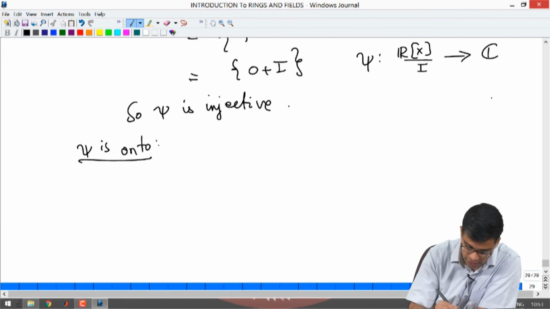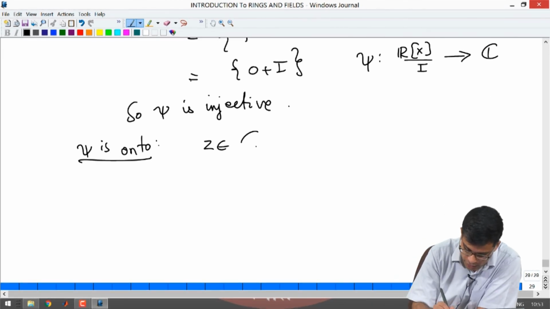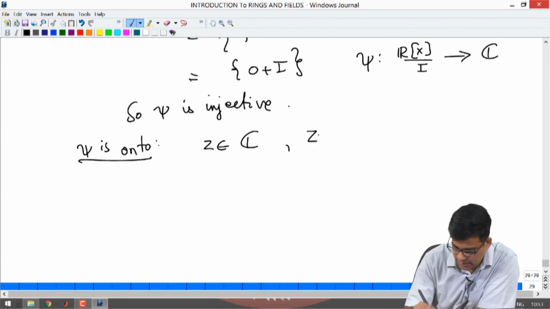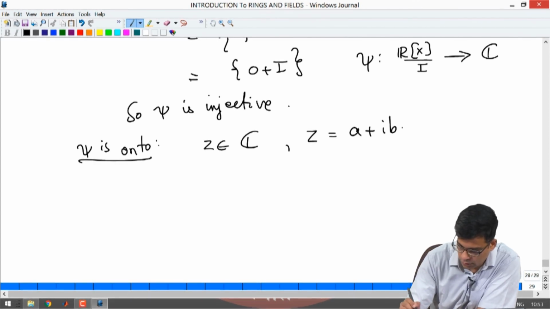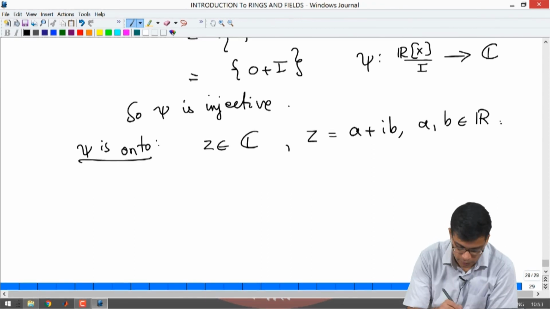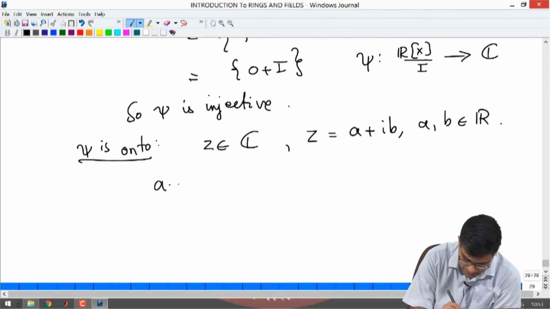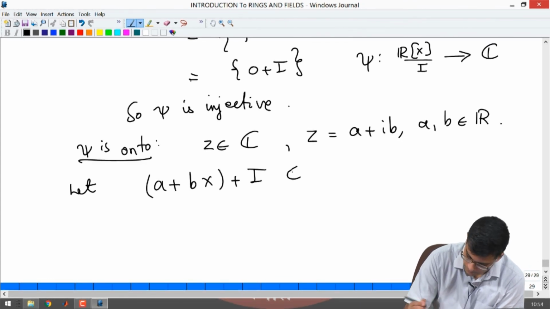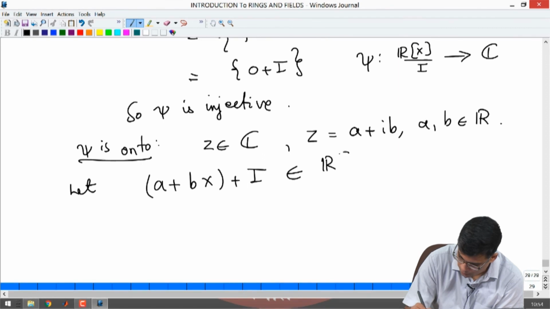And ontoness is clear, because if Z is a complex number, write Z as A plus IB, where A and B are real numbers. Consider the element A plus Bx plus I in R x mod I.